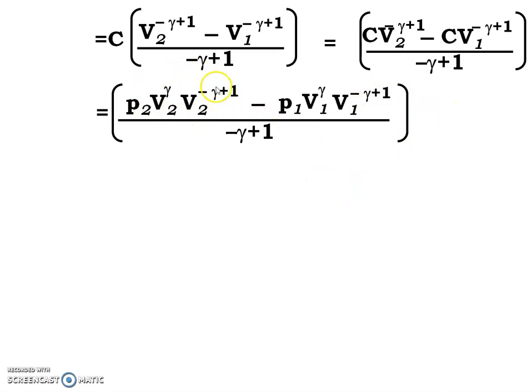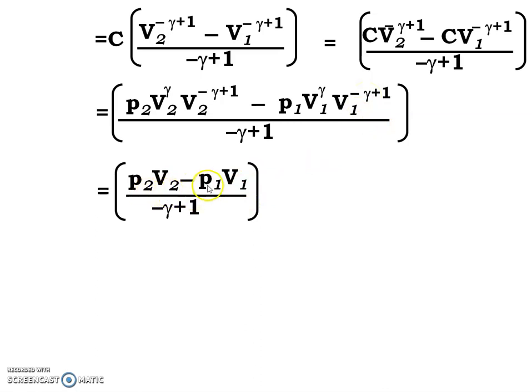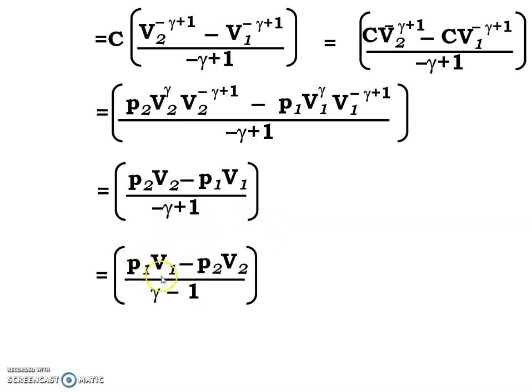Now simplify. V2 raised to gamma combines, so it is only V2. And here V1 raised to gamma cancels, so it is only V1. So the answer is P2 V2 minus P1 V1 divided by minus gamma plus 1. So we can write P1 V1 minus P2 V2 divided by gamma minus 1.